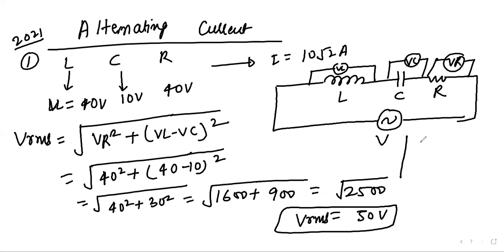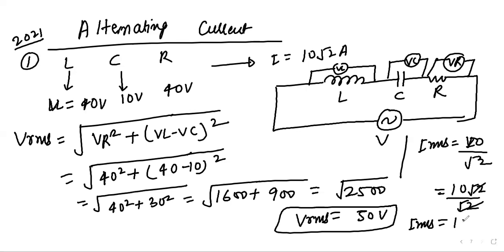Right. As we know, IRMS is I naught by root 2. I naught we know, that is 10 root 2 by root 2, so this will get cancelled. So IRMS is coming out to be 10. Right. So let's see the next part.